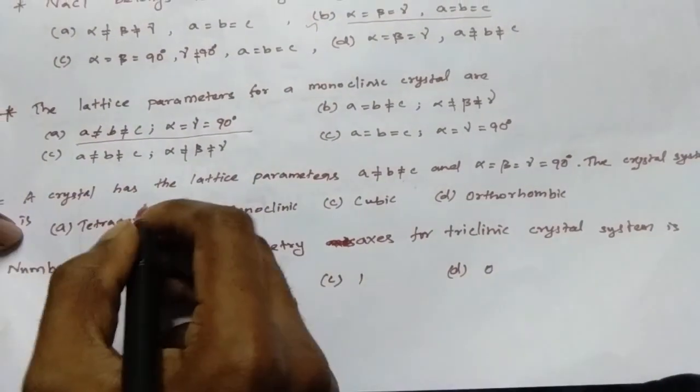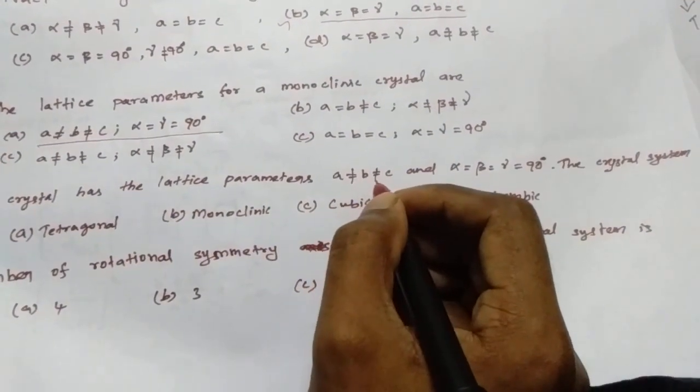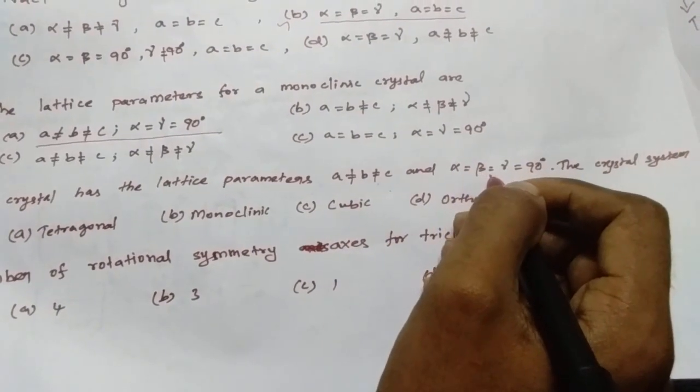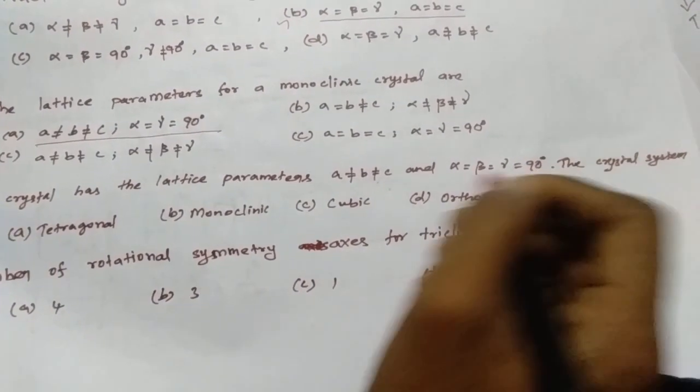Okay, a crystal has the lattice parameters a is not equal to b not equal to c and alpha equal to beta equal to gamma equal to 90 degrees.